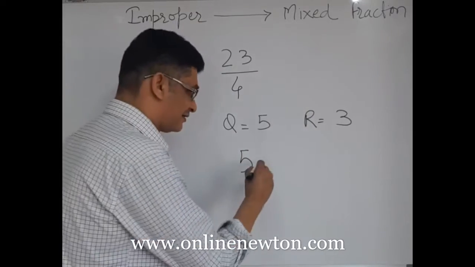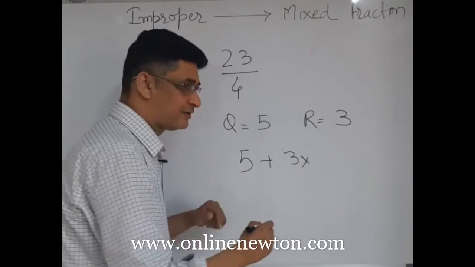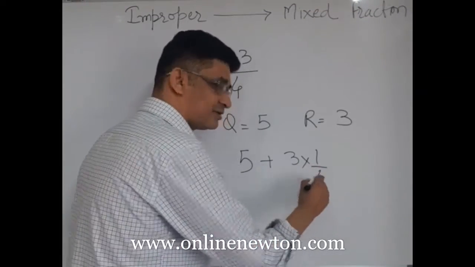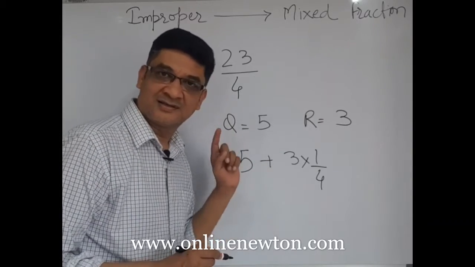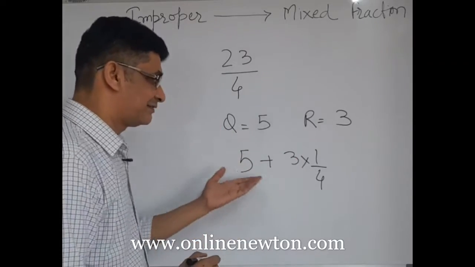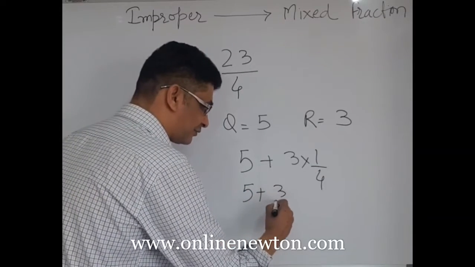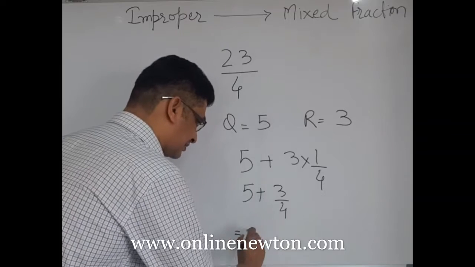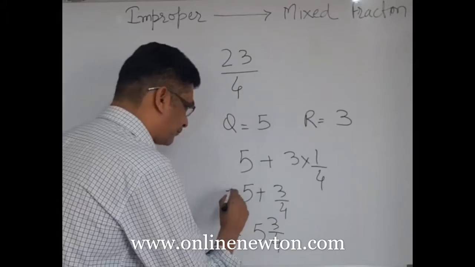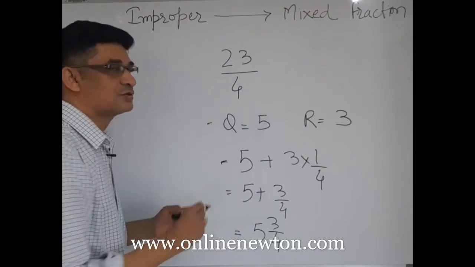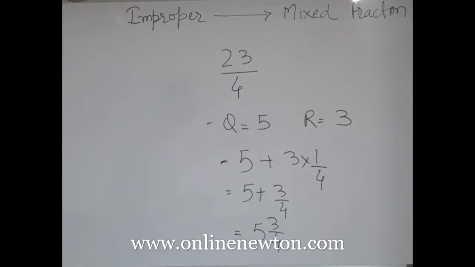So 5 plus 3 parts of size 1 by 4. This is how we write down the total pieces of apple. And this is nothing but 5 plus 3 into 1 by 4, which is 3 by 4, and this is 5 integer 3 by 4. So this is how we convert an improper fraction into a mixed fraction.